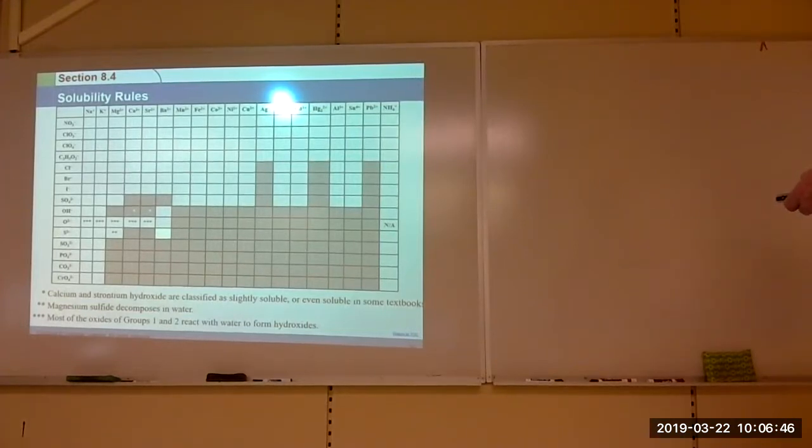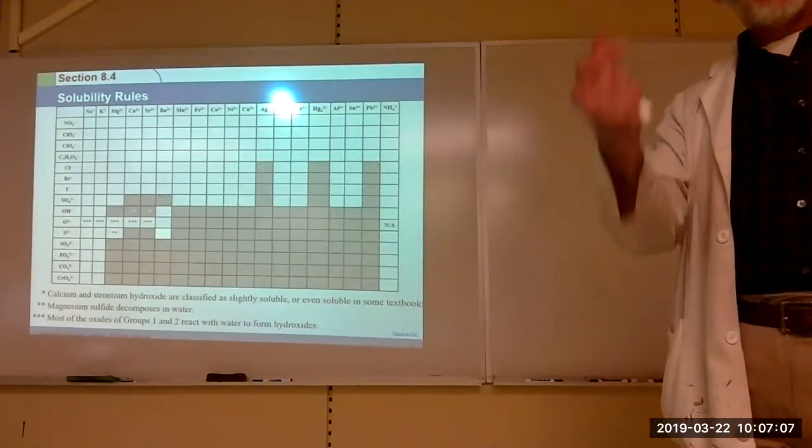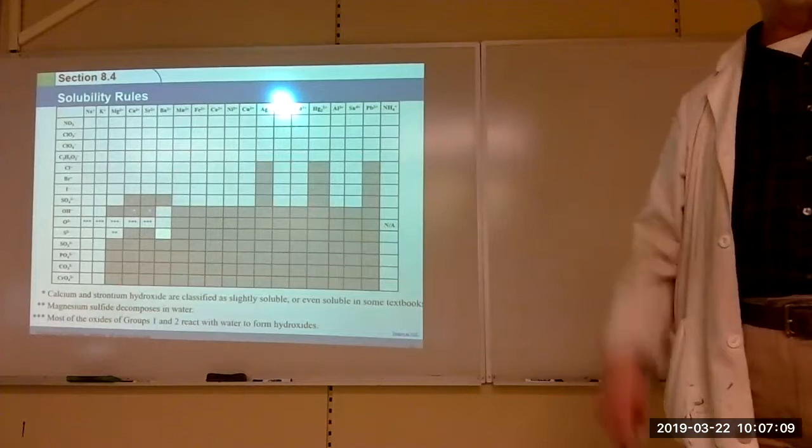Other things. How about silver and chlorine right here? Silver chloride is insoluble. Silver nitrate is soluble. So you put silver nitrate in solution, and if there's any chlorine in there, it'll turn to a white precipitate.